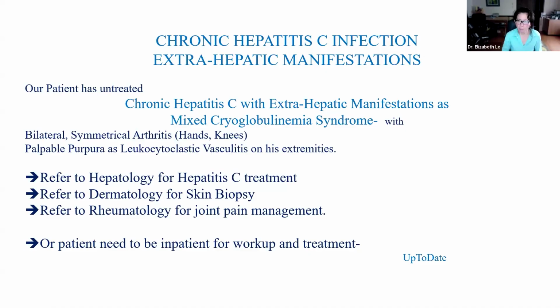Usually rheumatologists will use disease-modifying agents, and sometimes biologic agents like TNF inhibitors. Or if the patient cannot wait for all of these consultations, because sometimes they can take months, the patient needs to be inpatient for a workup and immediate, or as fast as possible, treatment. Next slide.